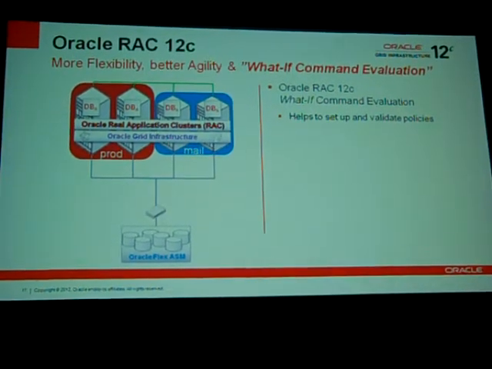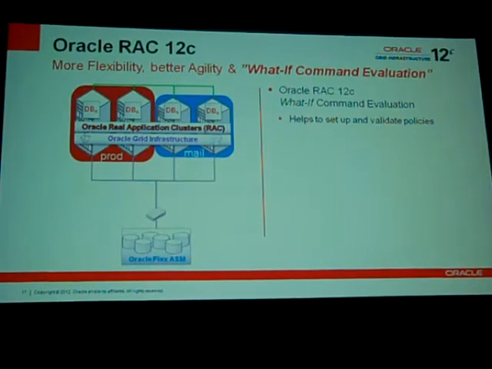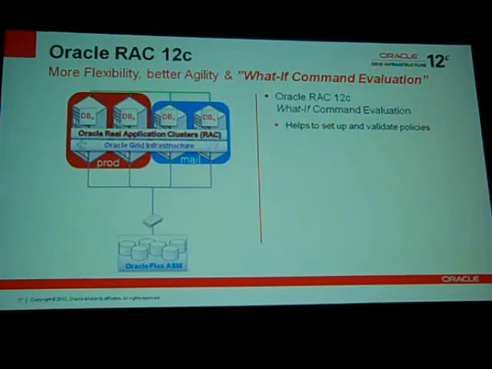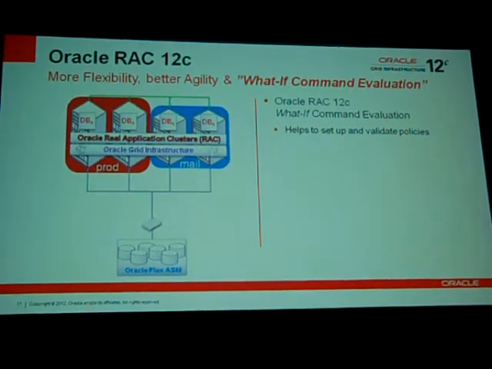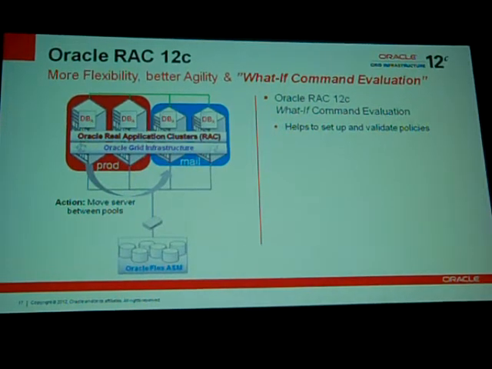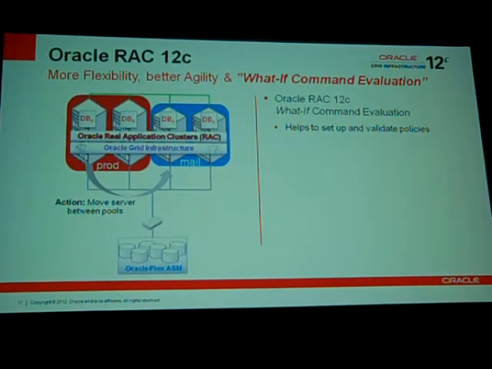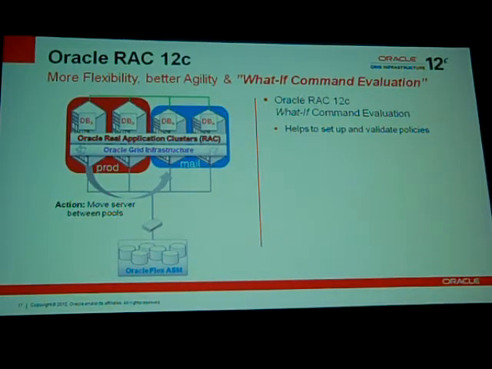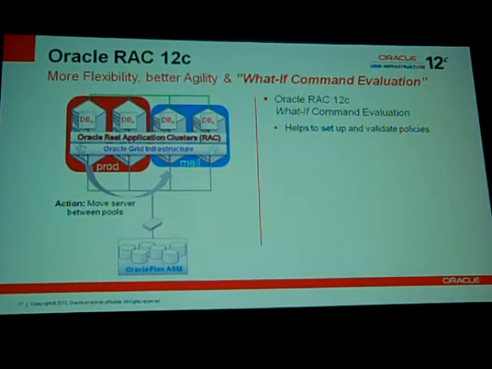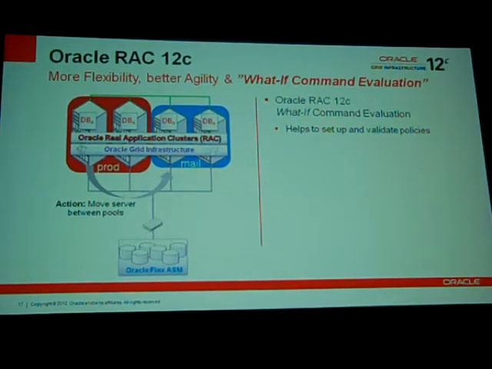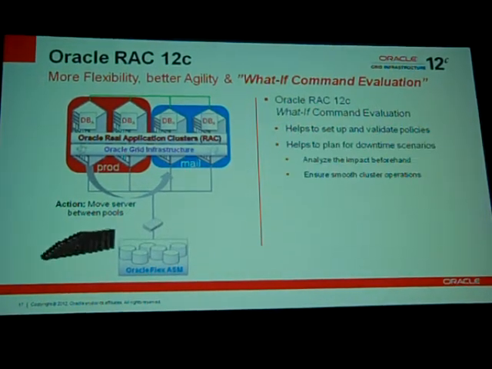In my cluster here, I have one database, the red database A. I have two server pools, the red prod server pool and the blue mail server pool. And I could have the idea to move the server from the red server pool prod to the blue server pool mail. And when you do this, in a setup like this, which is based on policies, a lot of events can be triggered by a simple command which would say, relocate the server.